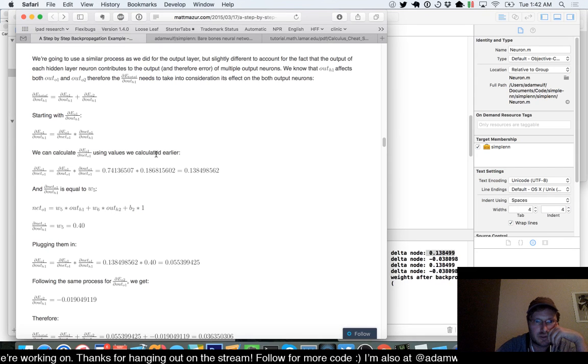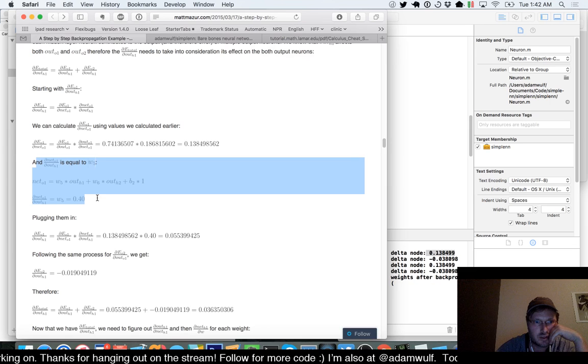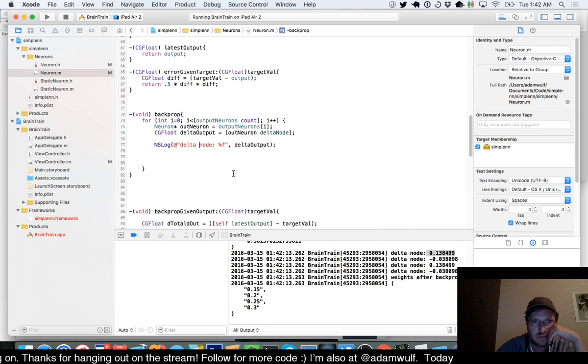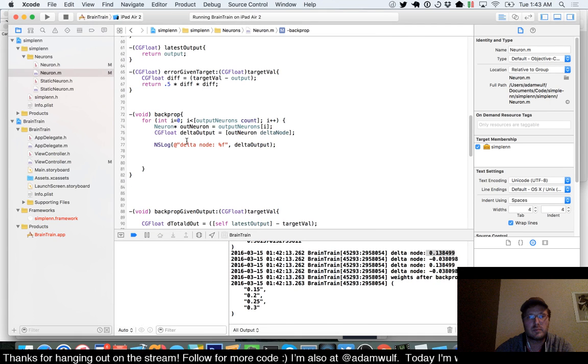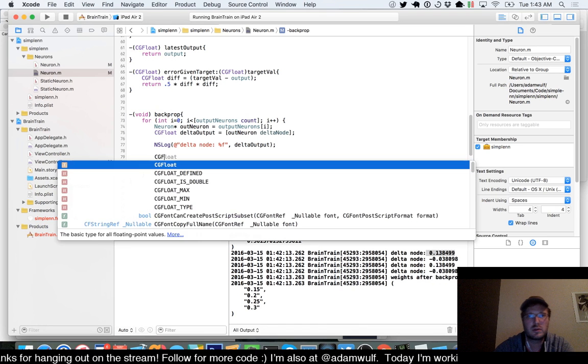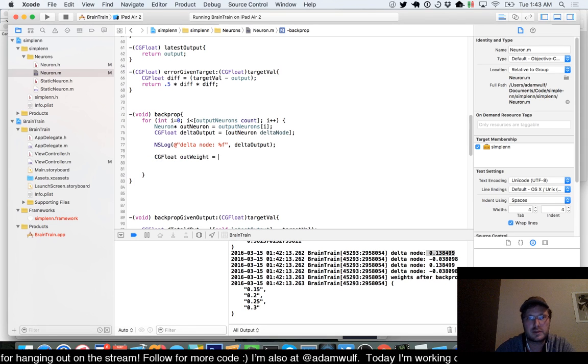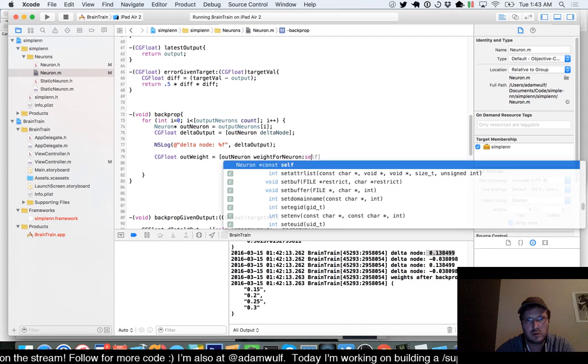Okay, so yes, we did. We just reused those that we calculated earlier. And this is equal to weight 5, right? So out weight is equal to out neuron weight for neuron self.